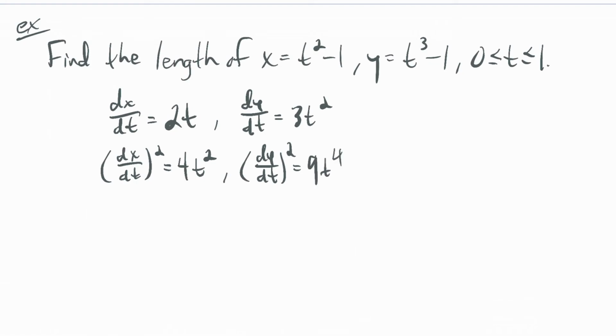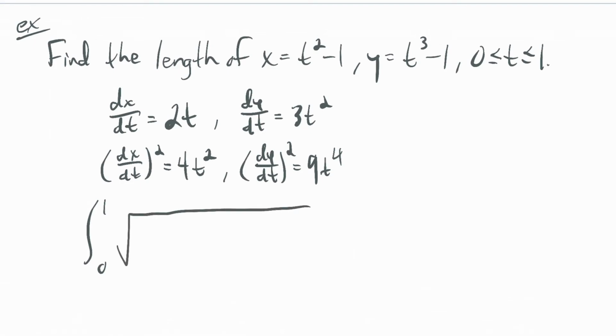Okay, so we want the integral from 0 to 1 of the square root of 4t squared plus 9t to the 4th dt. This might look really bad, but don't worry, it's going to be fine. The first thing I notice is I can do some factoring inside.